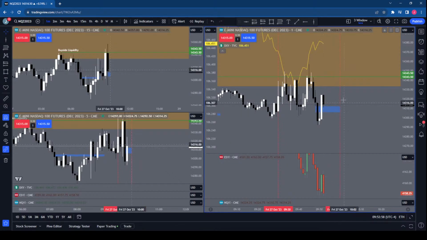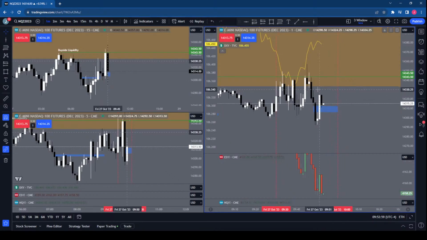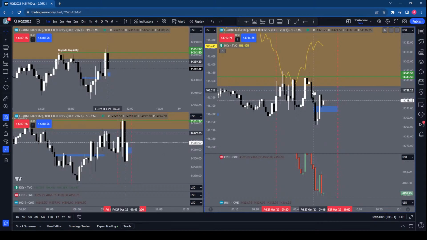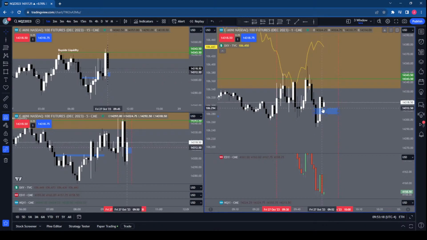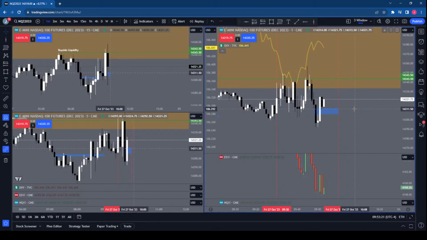So for a 2022 model entry, you could have had your stop here, but I still wouldn't be that confident because look, we came up, closed above this, came back down. And this candle, I don't like the way that candle reacted off of it. It almost looks like it wants to use it as an inversion.